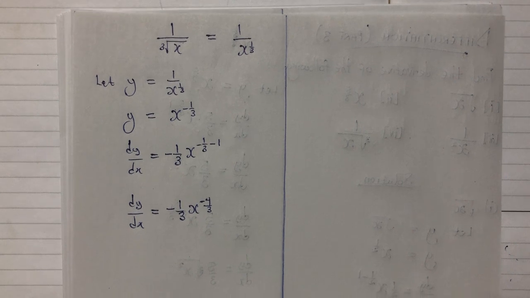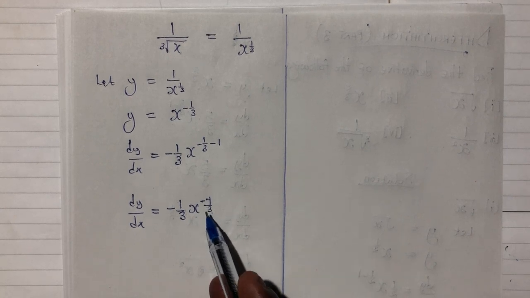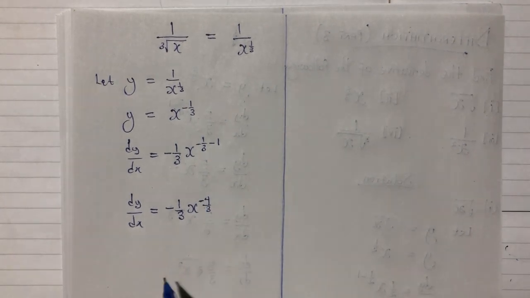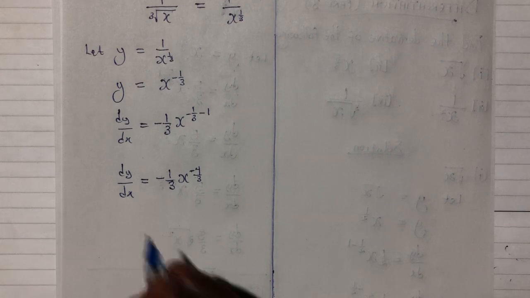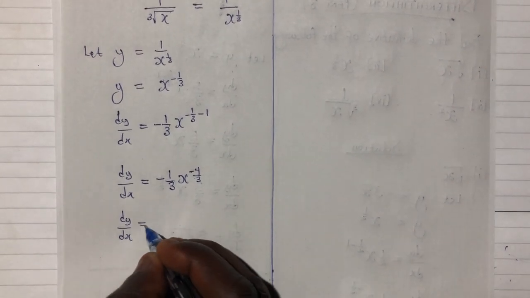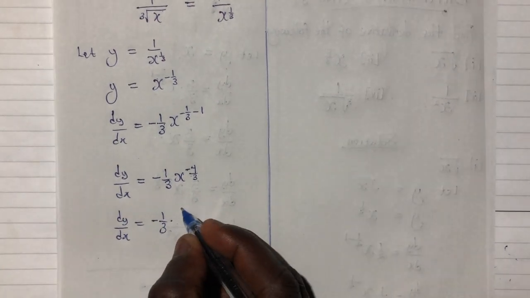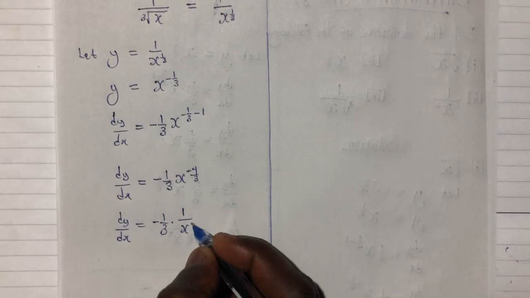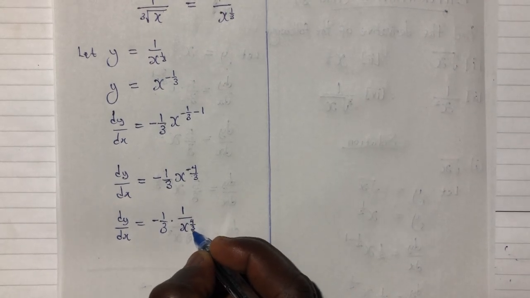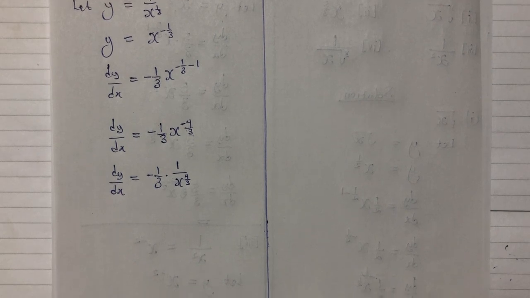So we need to rewrite this negative 4 out of 3 by removing the negative here. So we have dy out of dx being equal to negative 1 out of 3 multiplying 1 out of x raised to the power 4 over 3.